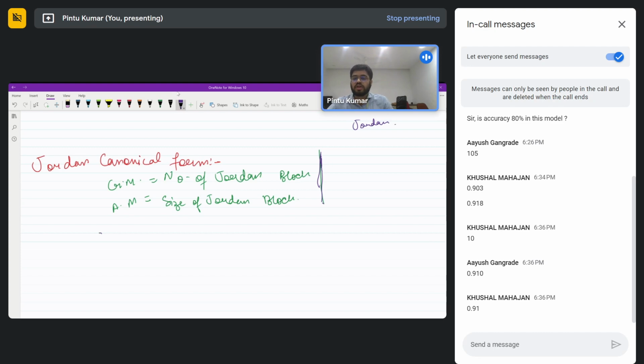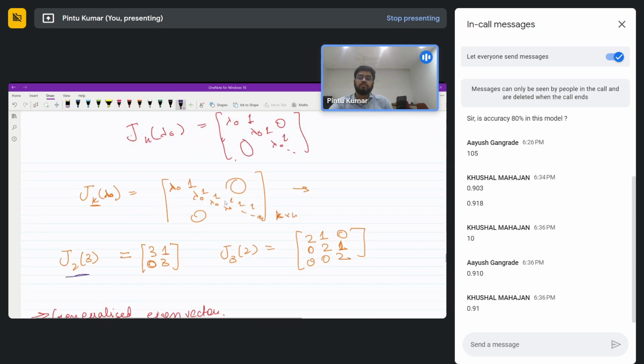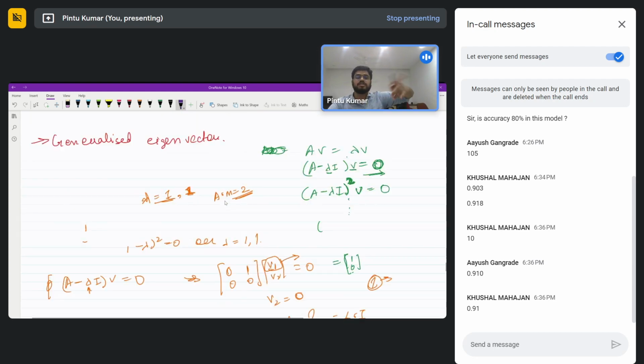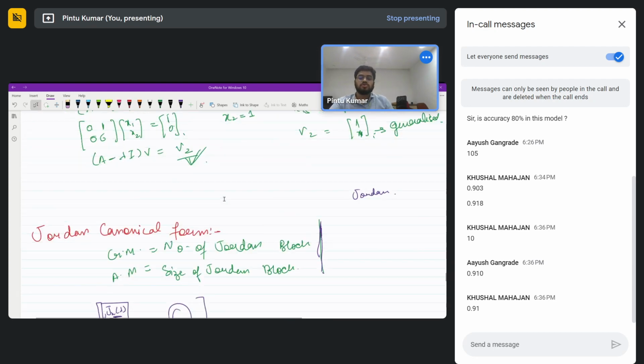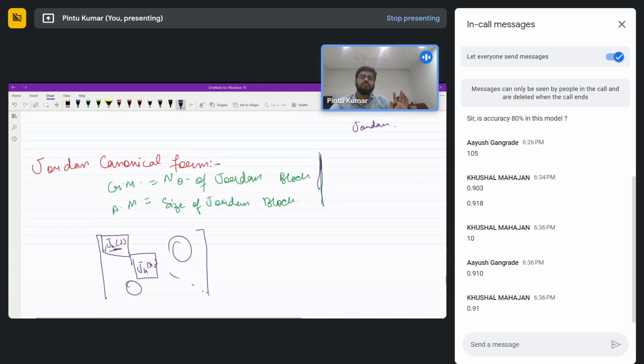The Jordan canonical form has blocks J_k1(lambda 1), J_k2(lambda 2), and so on, and everywhere else you will have 0. These Jordan blocks have lambda on the diagonal and 1 on the super diagonal, everything else is 0. Those kinds of blocks you will have at the diagonal positions, and the rest everything will be 0.